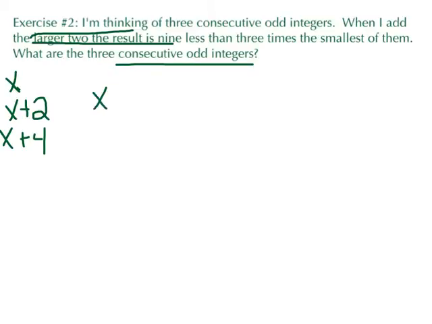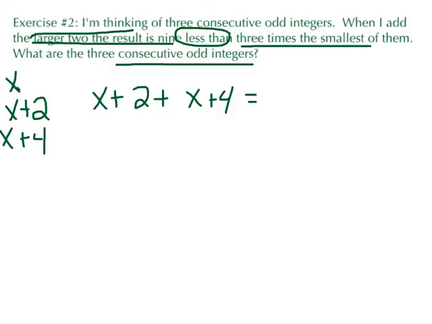It says when I add the larger two, so I'm going to say x plus 2 plus x plus 4, the result is 9 less than, so here we go again with the less than, we're going to start back here: 3 times the smallest, so 3x minus 9.